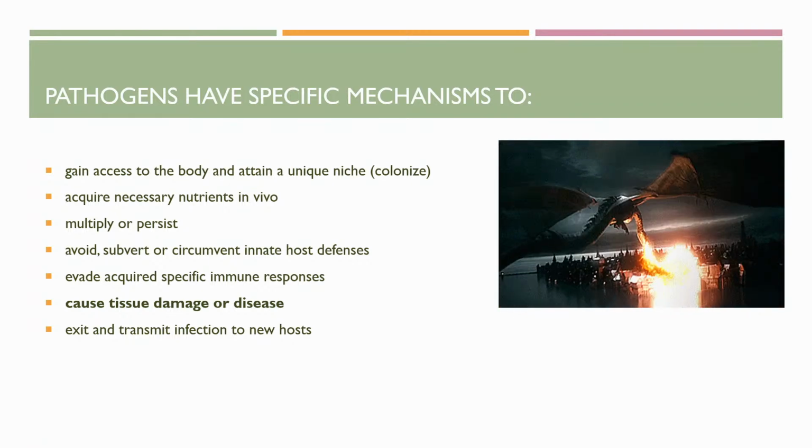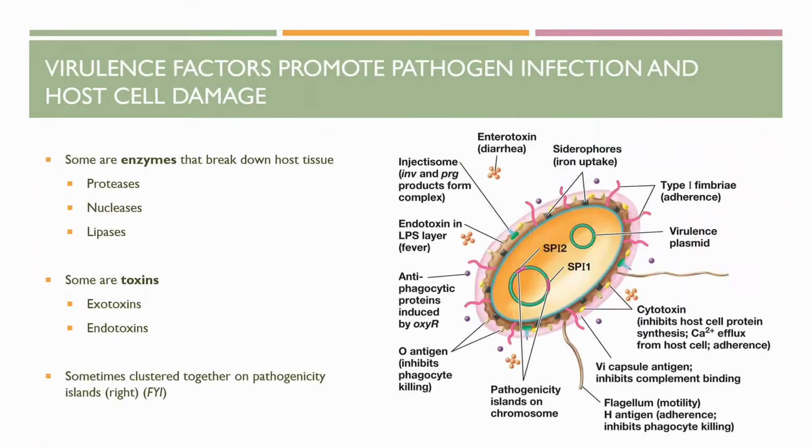Virulent means something that is disease causing. So there are enzymes and toxins that the microbe can produce that are virulence factors, and these are what are going to promote this infection and host cell damage.